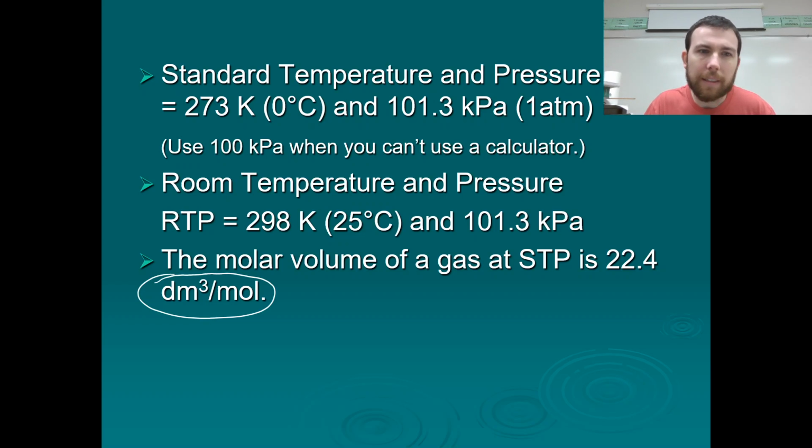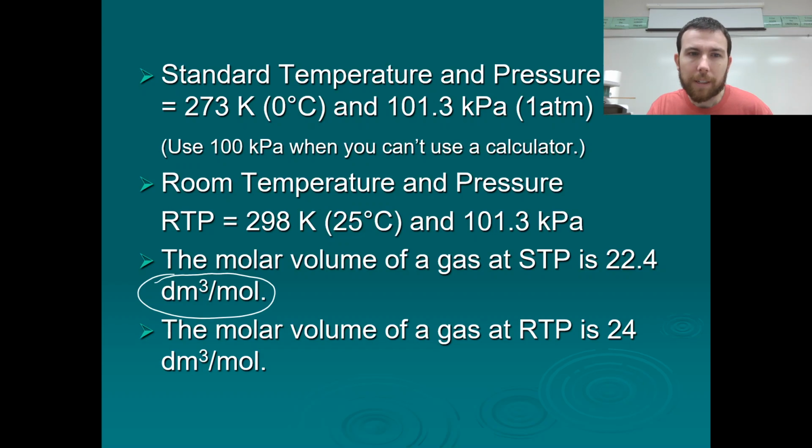It's the same thing as liters per mole, but IB likes to use the standard units for volume, or I guess the base unit. And remember, volume is essentially length times width times height, and the unit for length is the meter, and so that's why we've got decimeters cubed per mole here rather than liters per mole. So that's at STP, 22.4. And then at RTP, the molar volume of a gas is 24 decimeters cubed per mole.